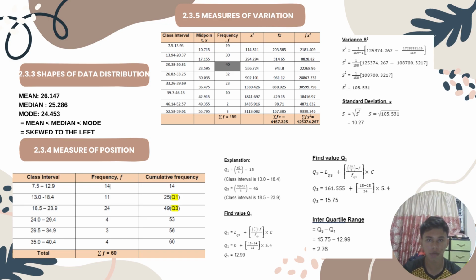After that, measure of variation, the final answer is 105.531, with the standard deviation, the square root of 105.531. We get the final answer 10.27.